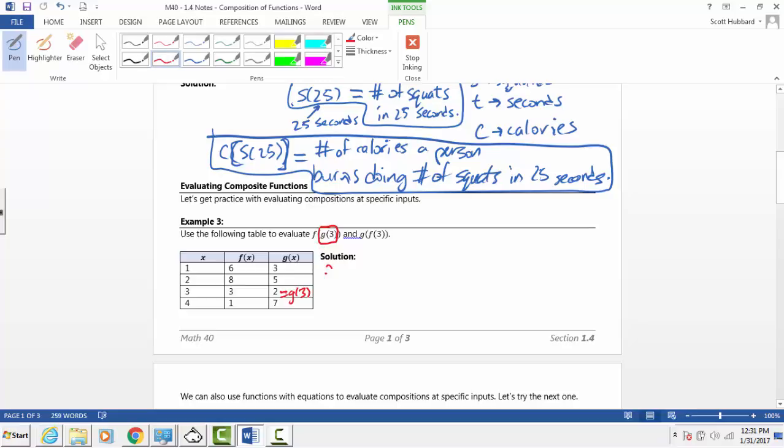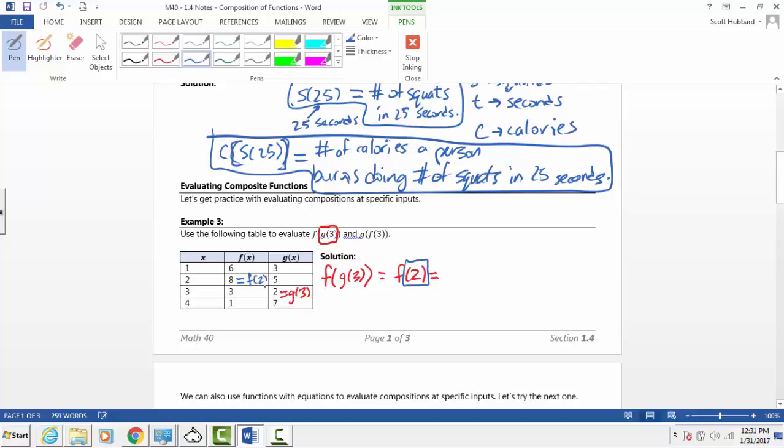Okay, so now when it wants me to do f of g of 3, I now know that g of 3 is 2, so it's going to be f of 2. And now I just go back and say, okay, now I know this is 2. Try a different color here. So I go back over to 2, and I ask, what is f of x at 2?